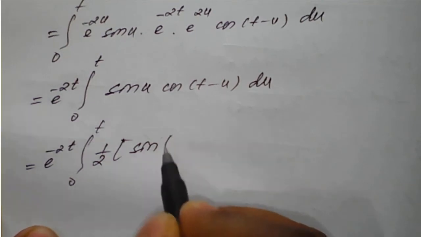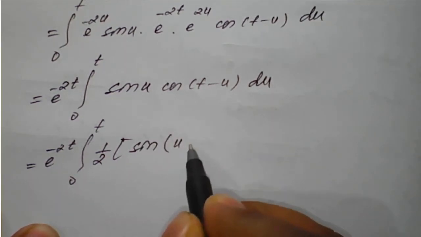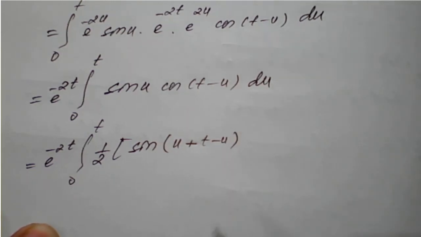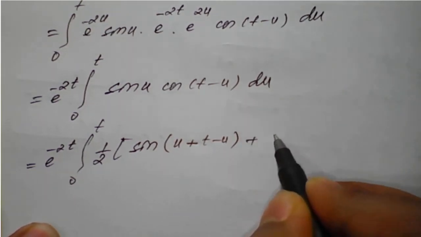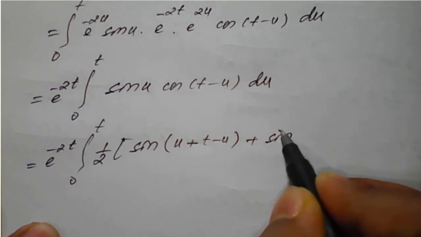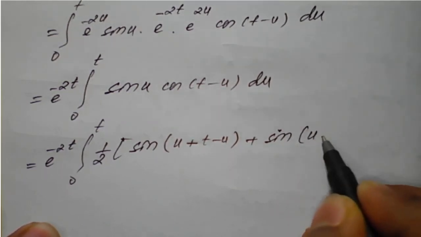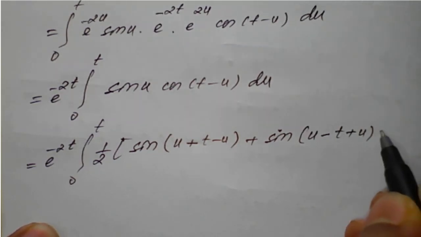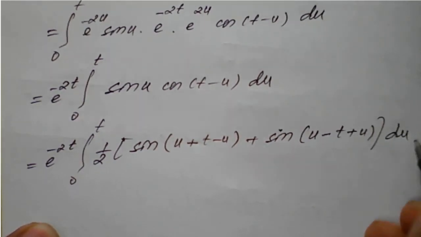Sine of a plus b, that is u plus t minus u, plus sine of a minus b, that is u minus t plus u, into du.